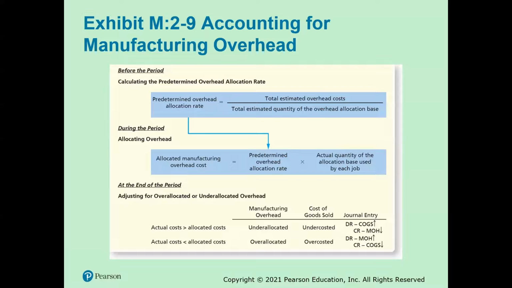But during the period, allocating overhead: the allocated manufacturing overhead cost equals the predetermined overhead allocation rate times the actual quantity of the allocation base used by each job. At the end of the period, you adjust for over-allocated and under-allocated overhead.